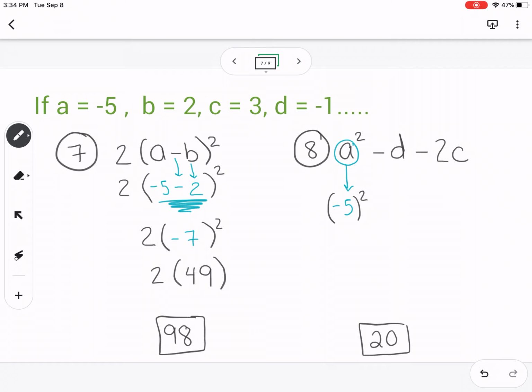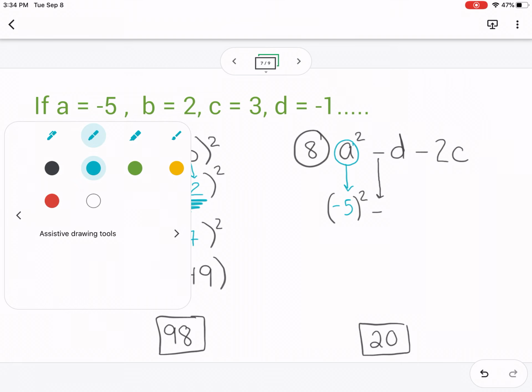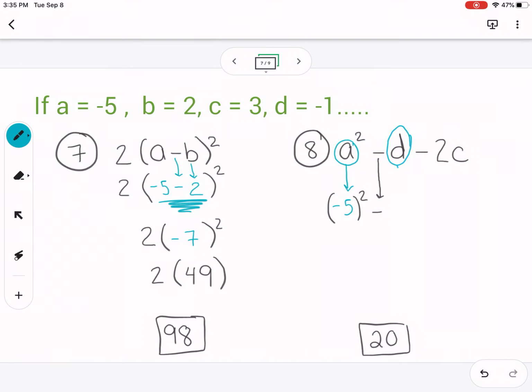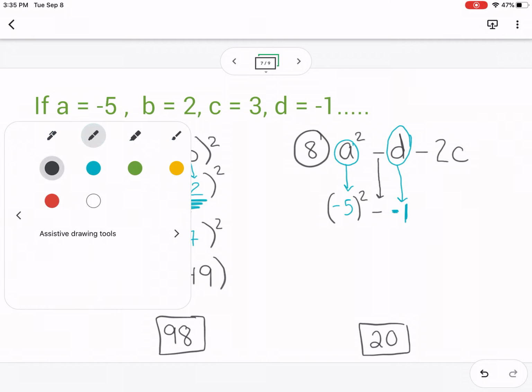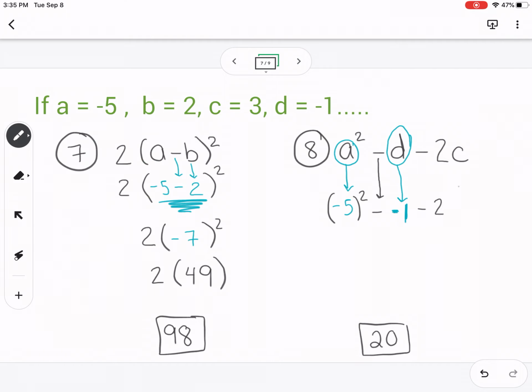I'm then going to bring down this negative sign, and then watch out here again. We're going to replace the D with a negative 1. So you'll see here that we have a double negative, right? So you're bringing down the negative sign and replacing the D with a negative 1. Minus 2 times my C value is 3.